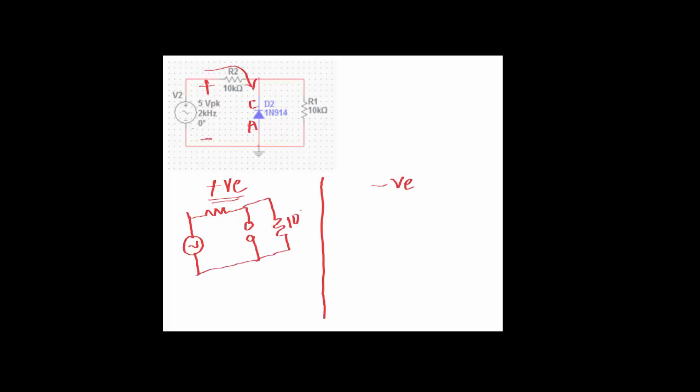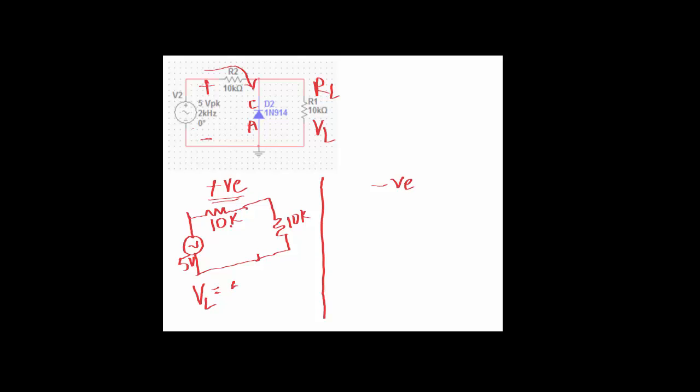So I have a 10 kilo ohms here, I have a 10 kilo ohms there, and a 5 volts peak signal is applied. So I can eliminate this whole branch, because when the diode is reverse biased, it is open. If I want to calculate the voltage across the load resistor, and we are trying to find out the voltage across the load, I can apply the voltage divider.